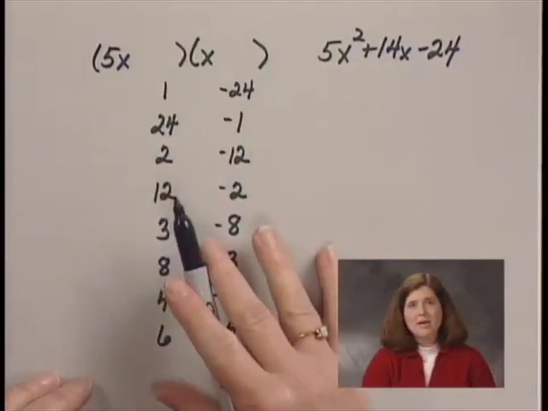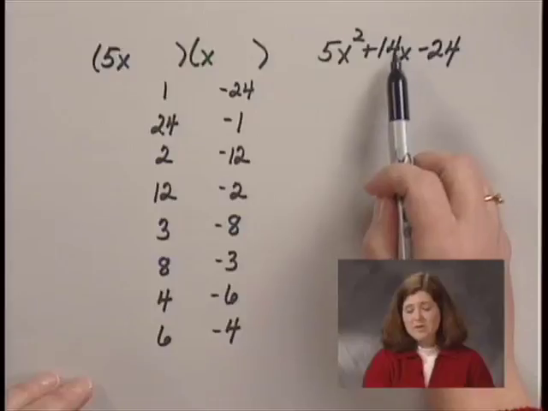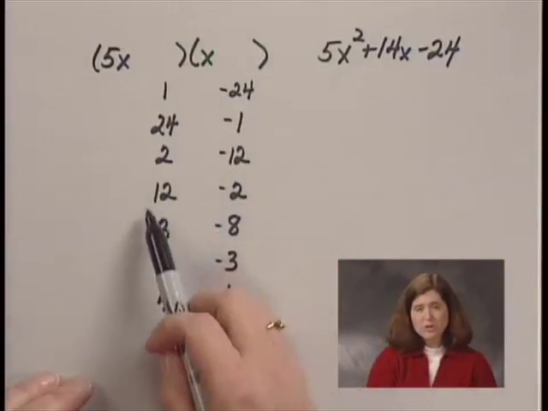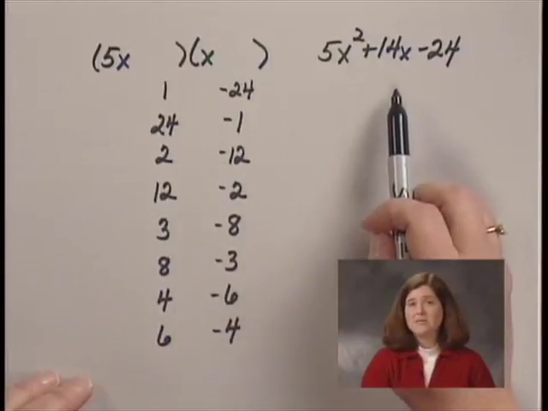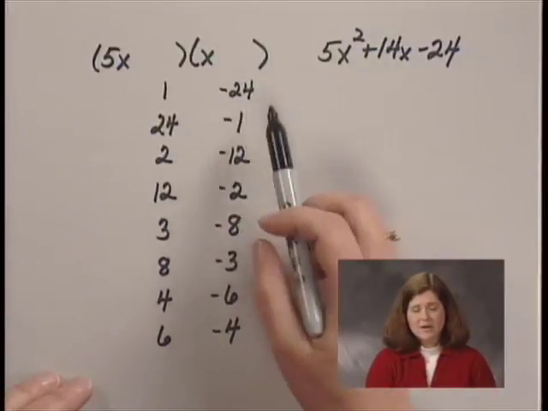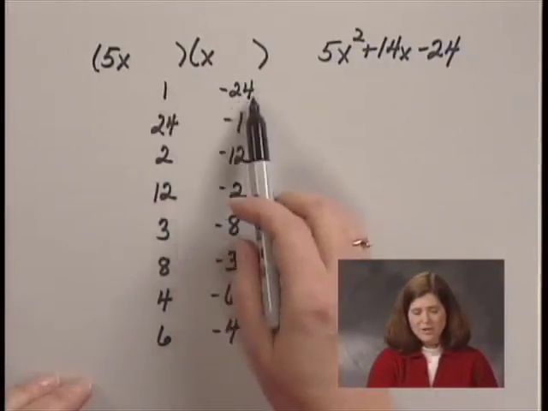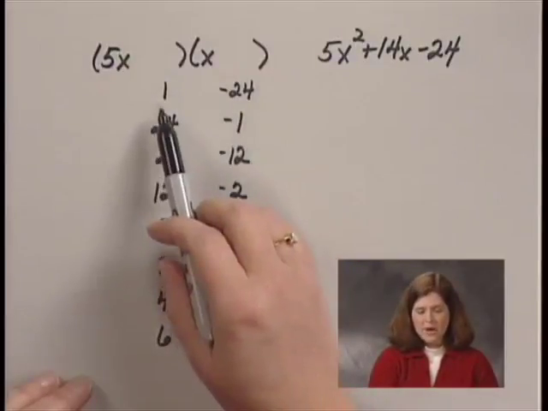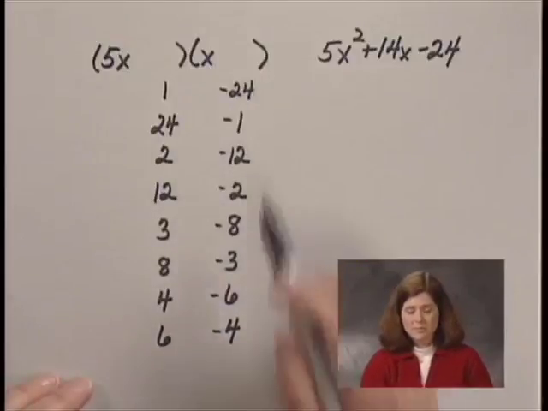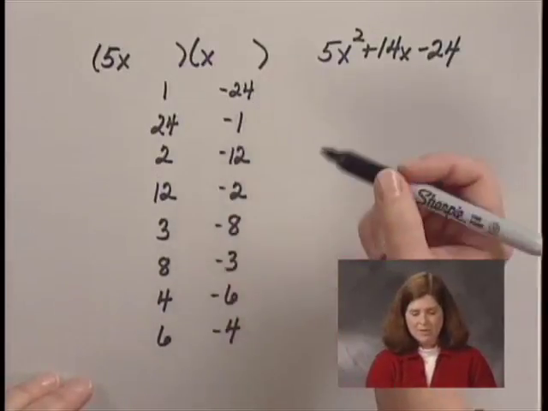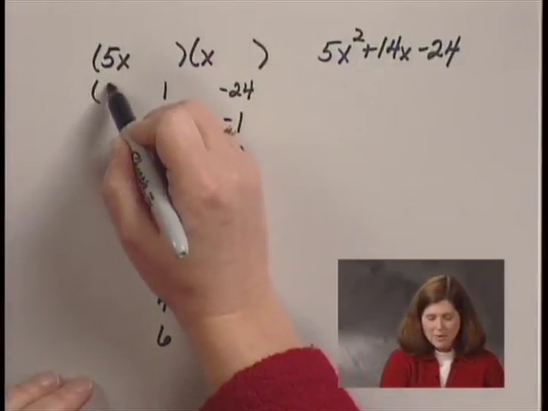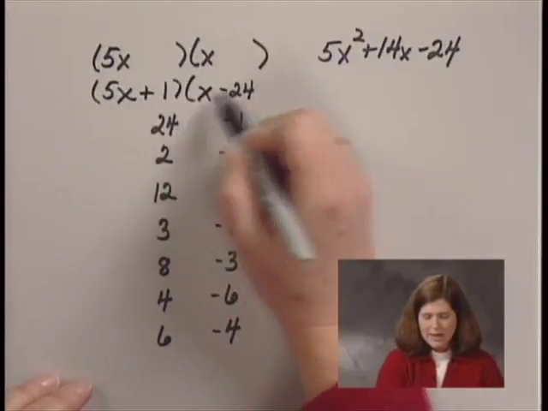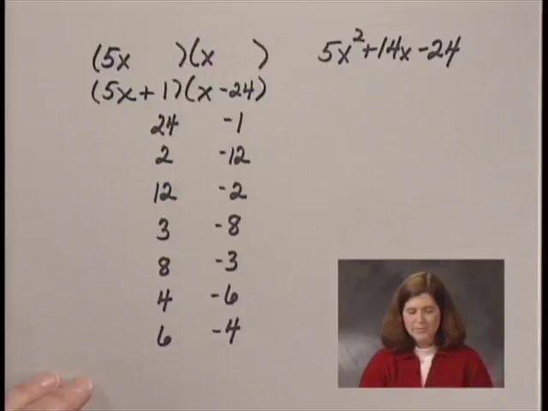If I do a product and I end up with a middle term of negative 14x, then all I need to do is switch the signs of this and I will get my positive 14x. So that's why I don't have to do negative 1 and 24. If I don't get positive or negative 14x, then I know that the other way of writing this, negative 1 times positive 24, can't be right either. So I am going to try 5x plus 1, x minus 24.